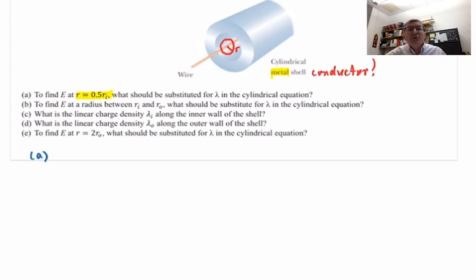So the only charge per unit length, the lambda value to use at the point we're talking about, is the lambda of the wire. That's the enclosed charge.